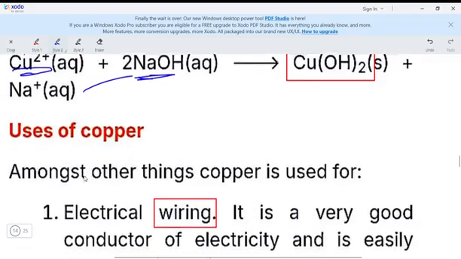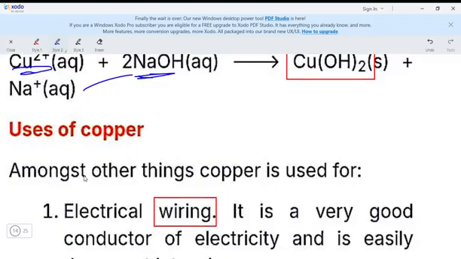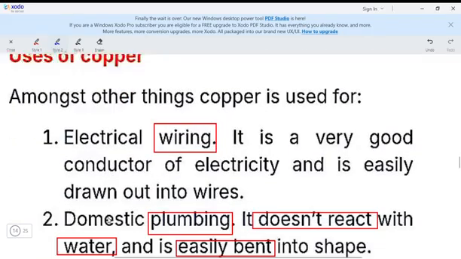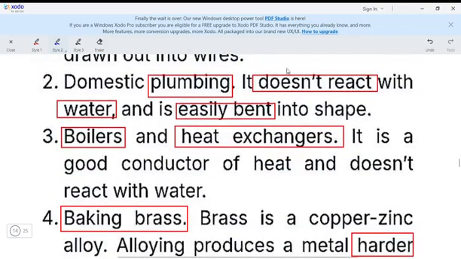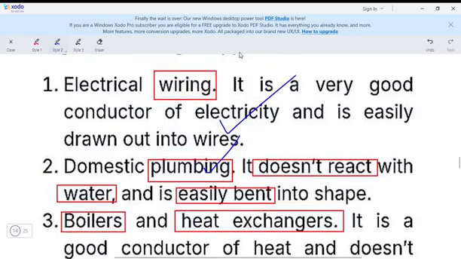Now what do we use copper for? Amongst other things, copper is used for electrical wiring. Remember, it can conduct electricity. Also domestic plumbing, those that are doing pipes make use of copper in making their plumbing materials. Why?